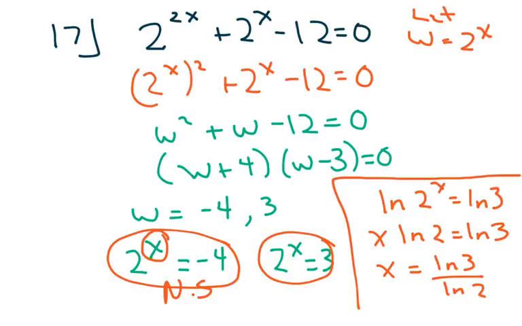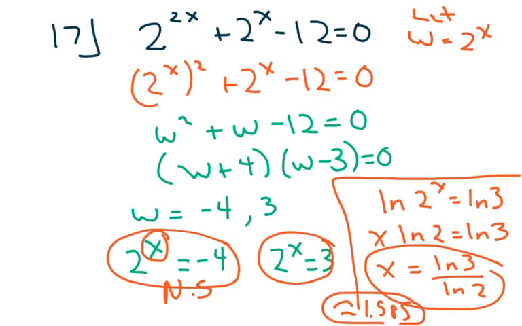Okay, so basically we get, this is the exact value. The approximate value, if you put in the calculator, would be 1.585. But we're not doing that. This is called the approximate value. This is called the exact value. So we want the exact value. Okay, let's do 18.